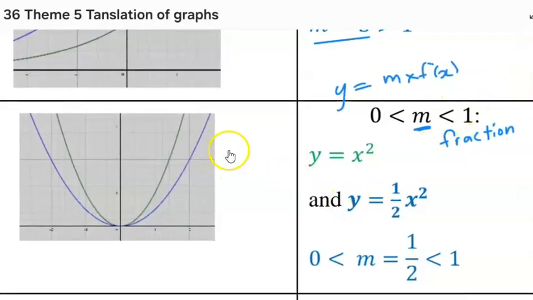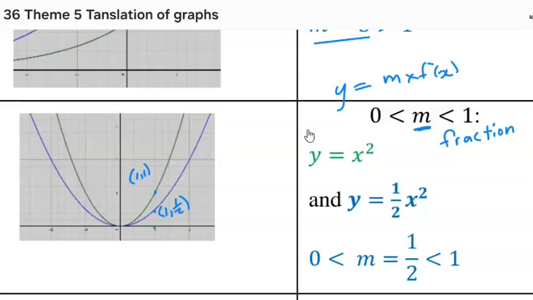So if I again look at the value x equal to 1, then for y equal to x squared, we will have the coordinates 1, 1. But for the blue graph, we will have the coordinates 1 and a half for the y value, because we have a half times 1 squared, which is equal to a half.